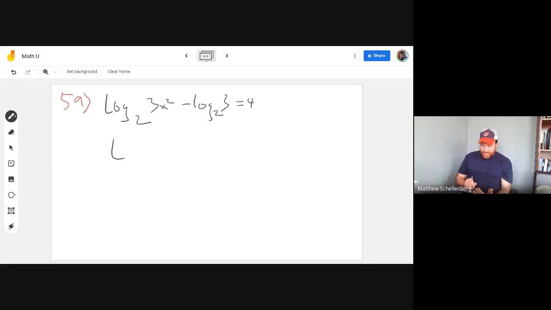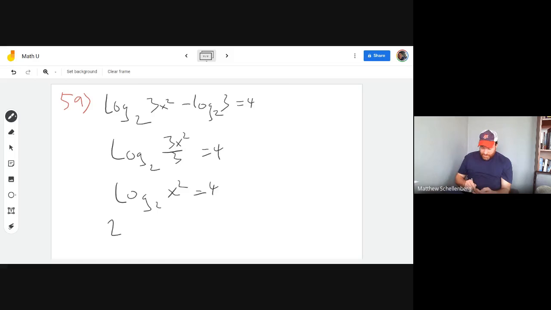So what that means is we have log base 2, and that's going to give us 3x squared over 3 equals 4. And you'll see here now that it magically goes away. This gives us log of x squared base 2 equals 4. And with the power rule, we can take the exponent out.